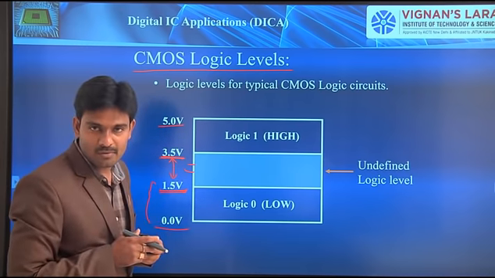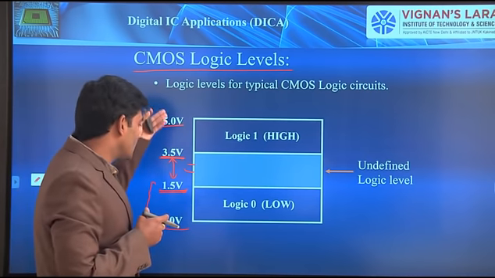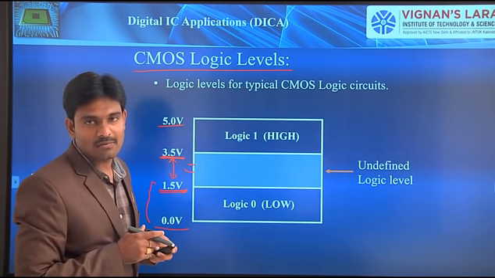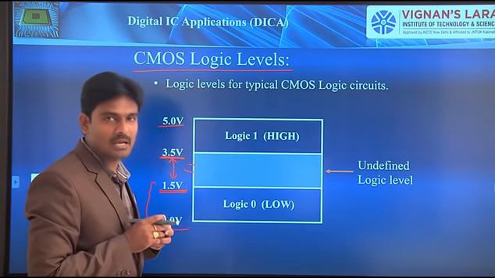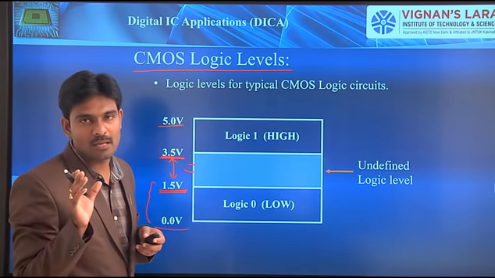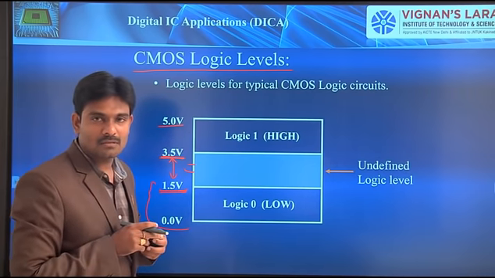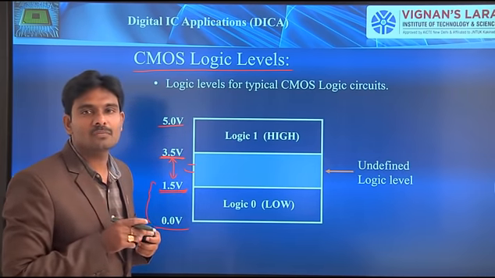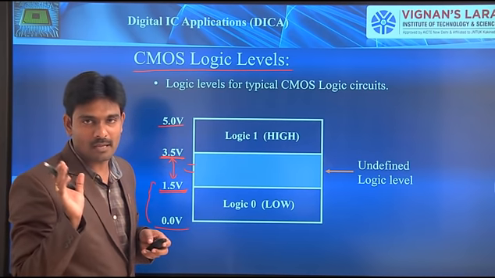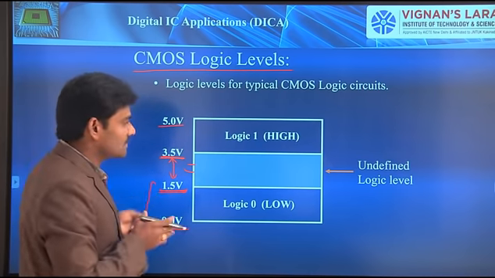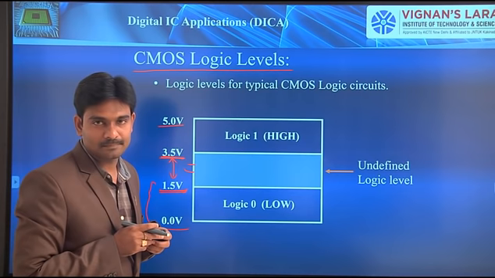Anyway, in our course we prefer plus 5 volts in most cases, so here I mentioned logic levels based on a plus 5 volts power supply for CMOS technology. So this is the first thing you are supposed to understand.